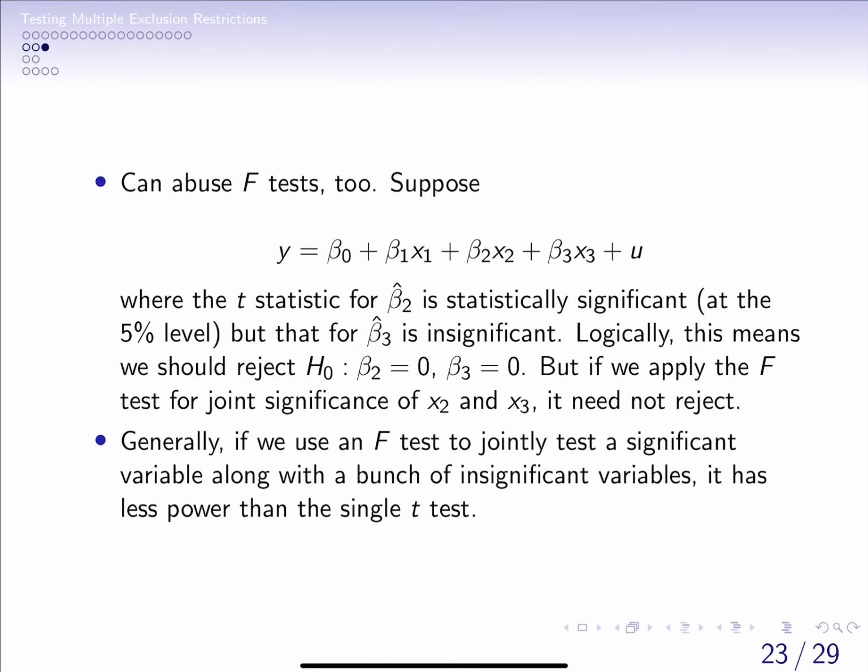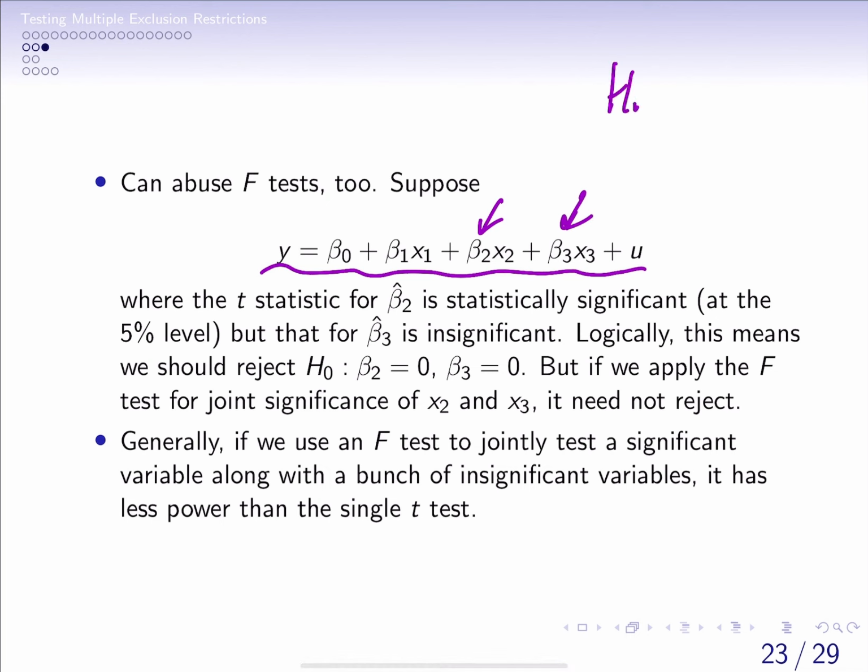Now it can happen that if you had a model like this, for example, and you were trying to test whether beta 2 and beta 3 are jointly significant, right?